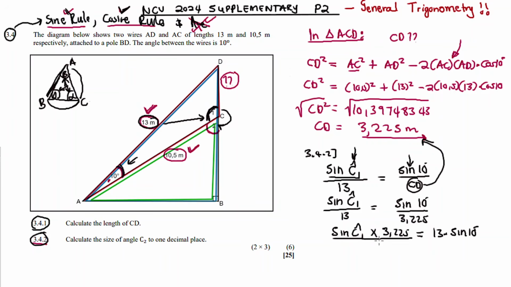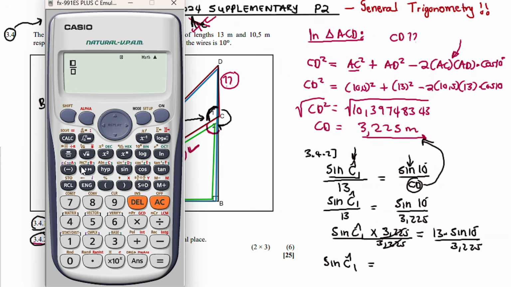Divide both sides by 3.225. Cancel. We now have sine C1 is equal to 13 multiplied by sine 10 degrees over 3.225. So this is the answer.